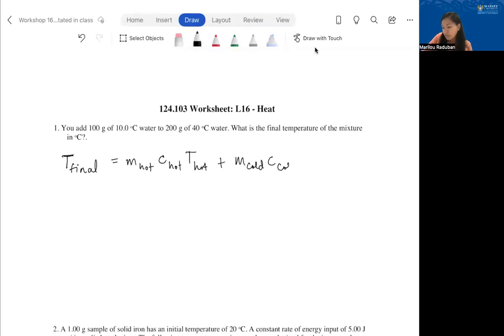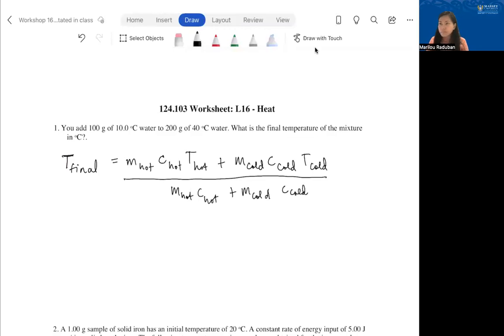Just writing down the equation here. C hot plus M cold. Okay, right. So that was the equation that we derived in the lecture earlier.